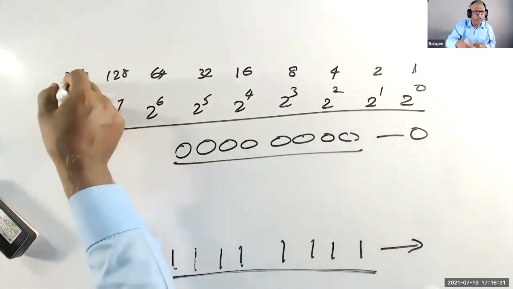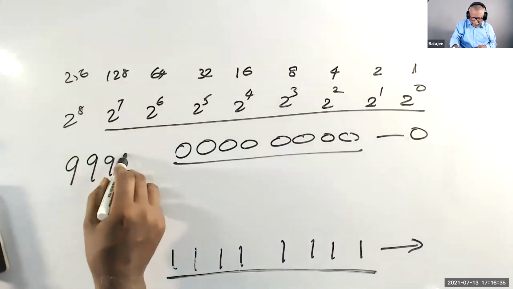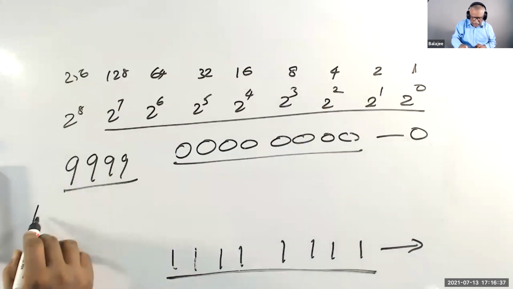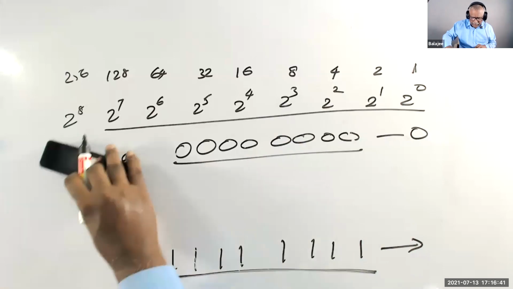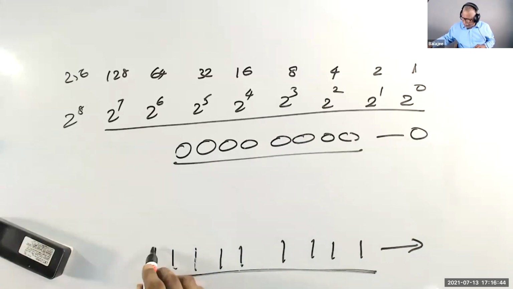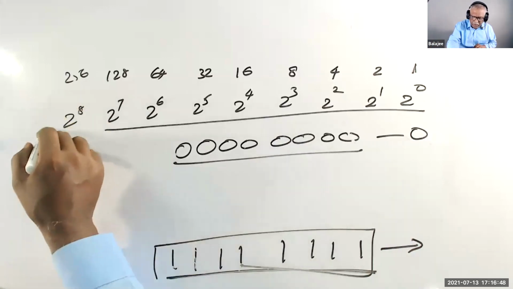Now why I introduced the 9th bit is that the biggest 4-digit number is 1 less than the smallest 5-digit number. The same way here, the biggest number 11111111 is 1 less than the 9-bit number.